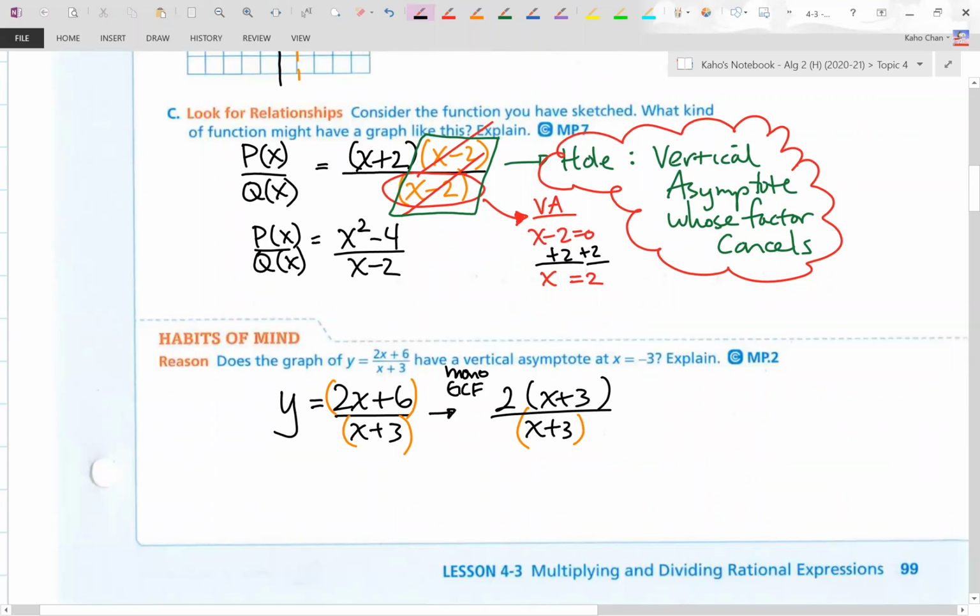Interesting. Technically, x plus 3, the whole polynomial, will cancel with the x plus 3 in the denominator. That is a hole. If it didn't cancel, that x plus 3 would be just a vertical asymptote, but because it cancels, it is no longer a vertical asymptote. It is now a hole.